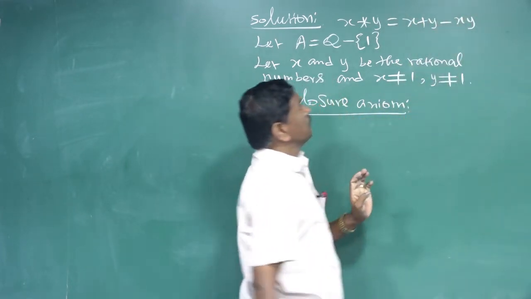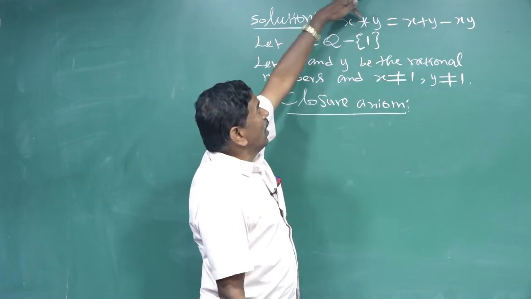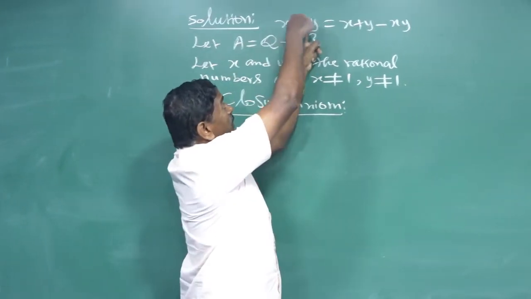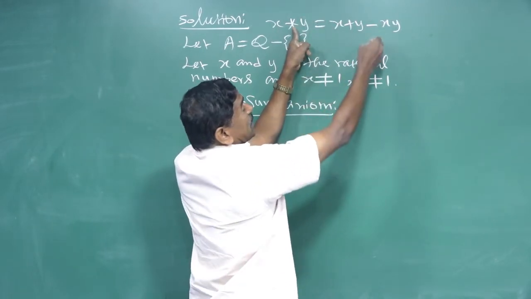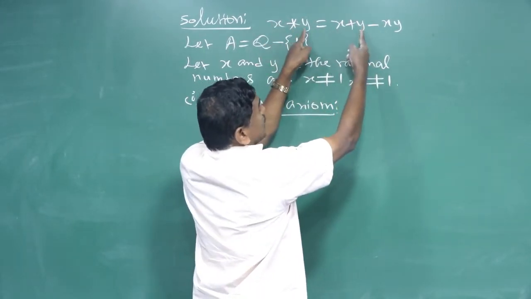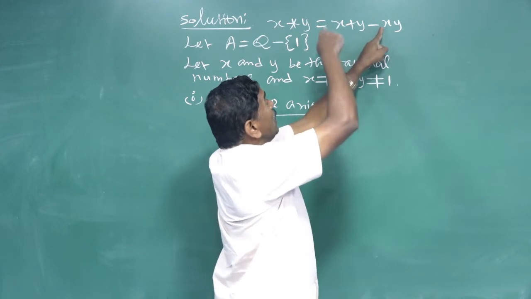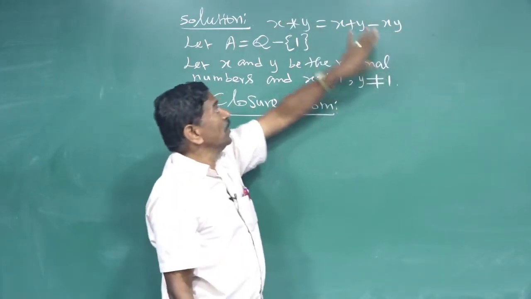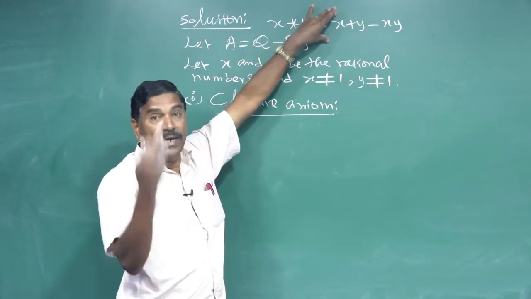If star is defined between two elements, the answer is the first element plus the second element minus the product of the first and second element. Every time we have to use this condition.